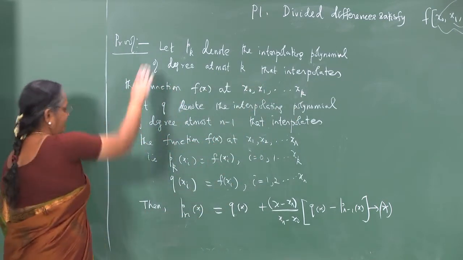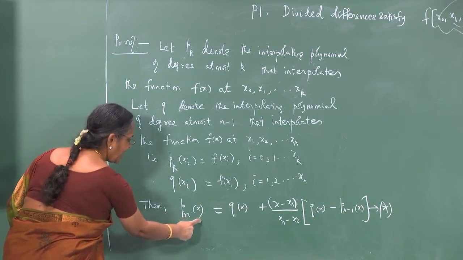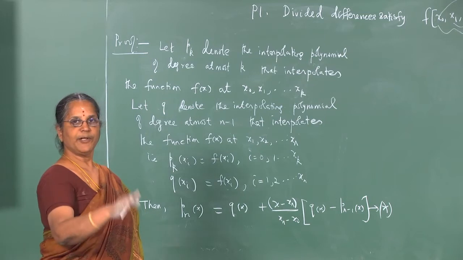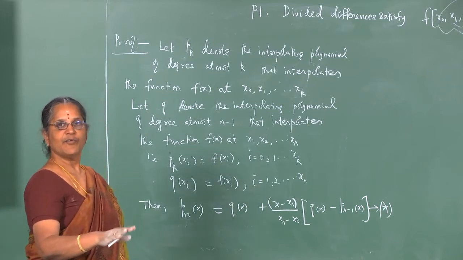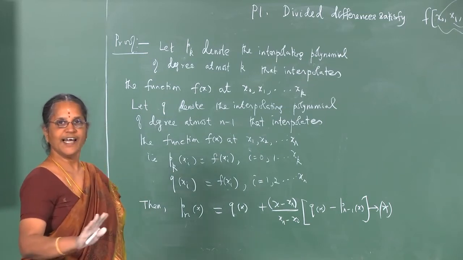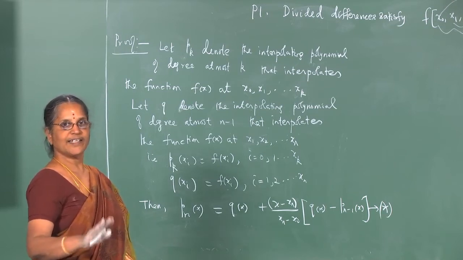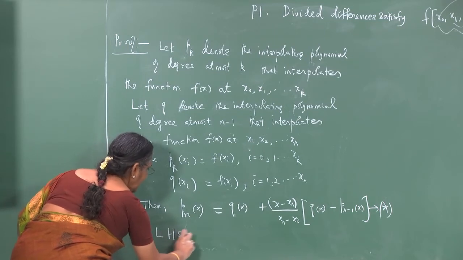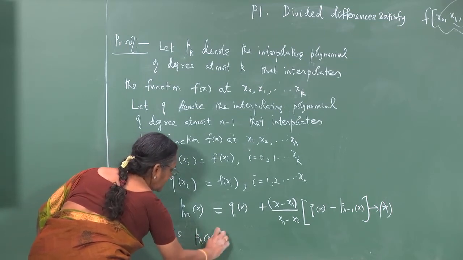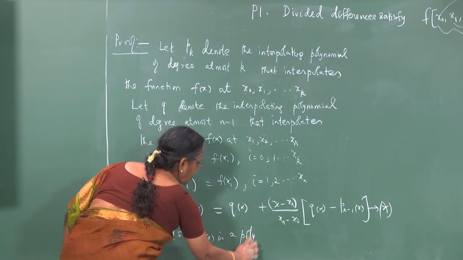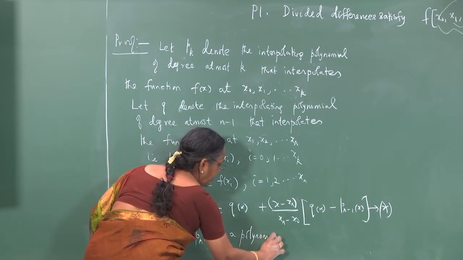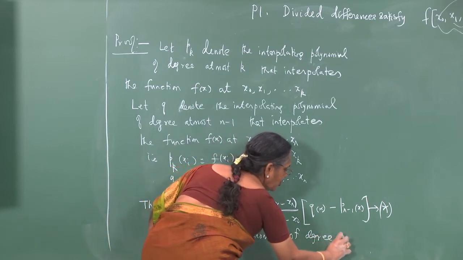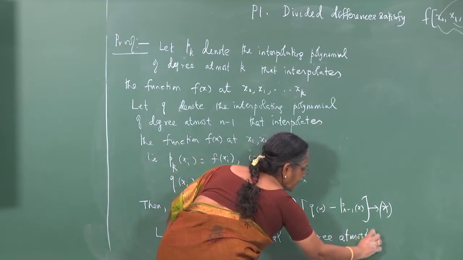So that notation tells me that Pn of x is a polynomial of degree at most n that interpolates the function at x0, x1, etc., up to xn. So I know that the left hand side Pn of x is a polynomial of degree at most n.